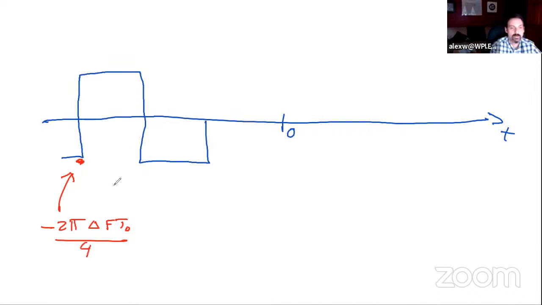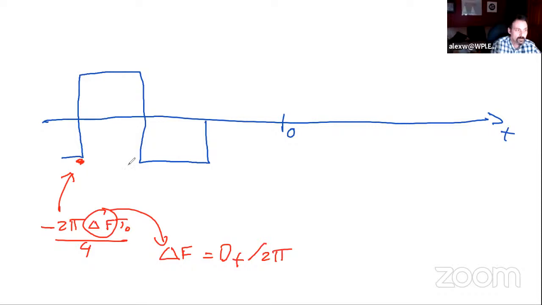What is delta f? Delta f is equal to df divided by 2 pi. In some ways, this df represents the slope.